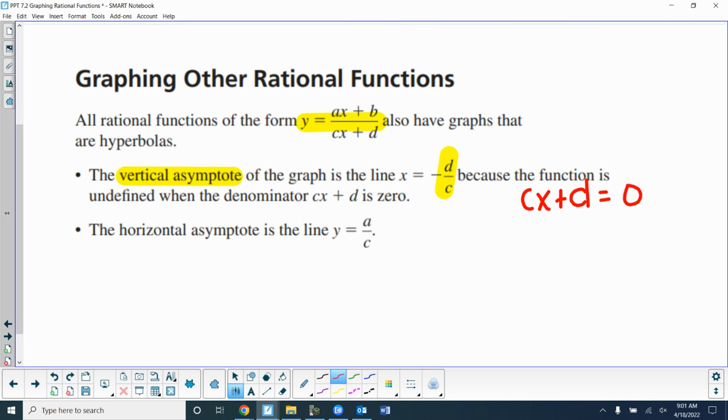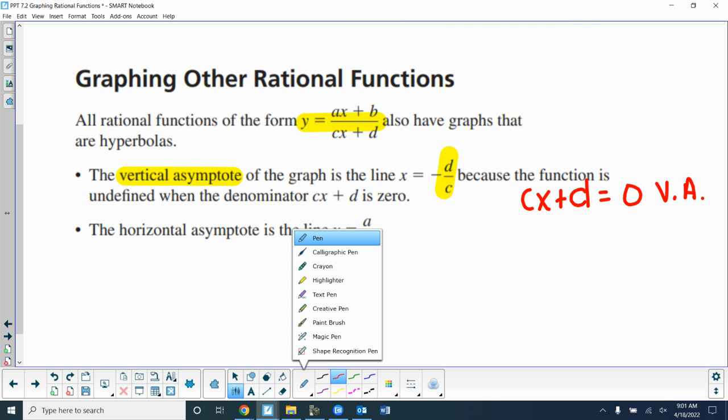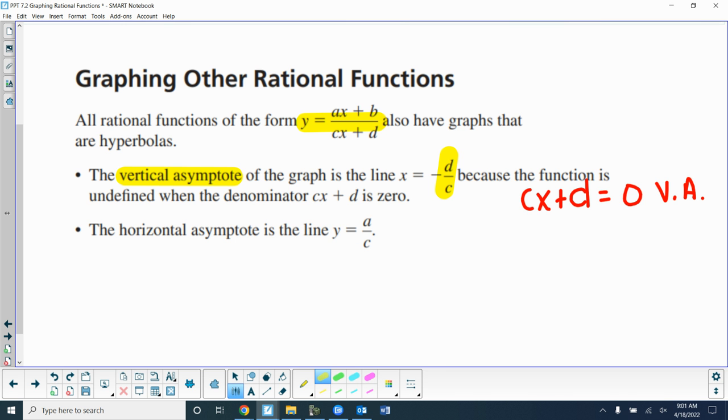That's how you find the vertical asymptote. All right. The horizontal asymptote is those two numbers. Those two coefficients divided by each other. Okay? That's the horizontal one.